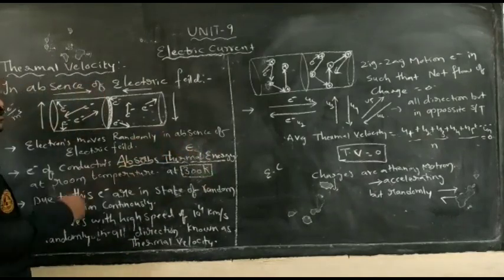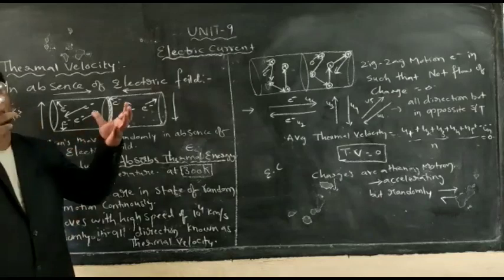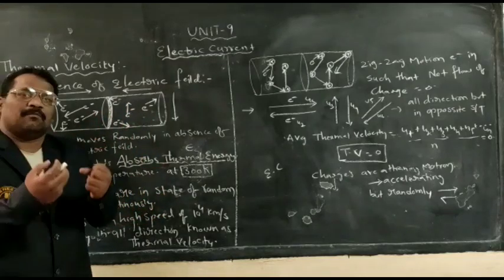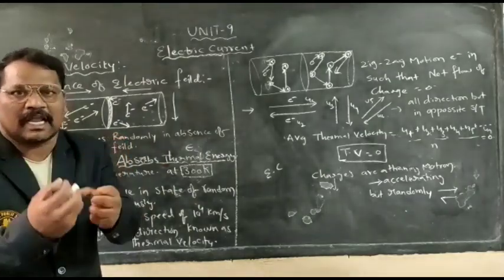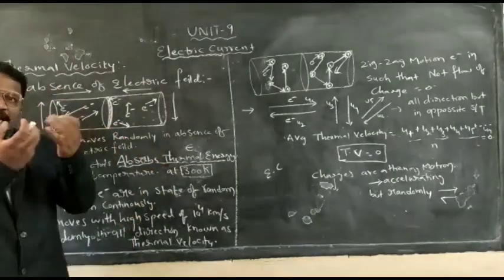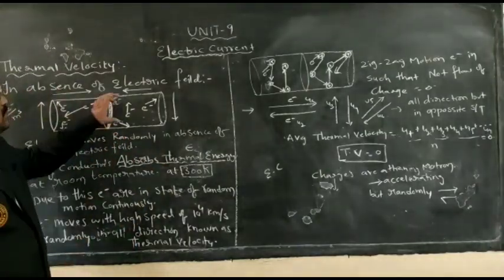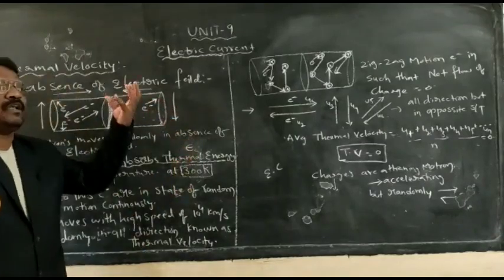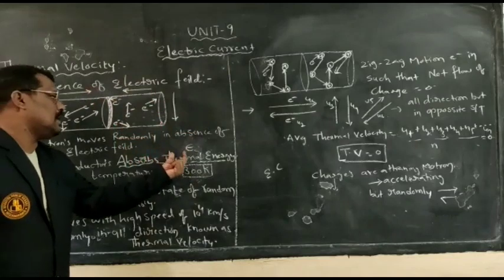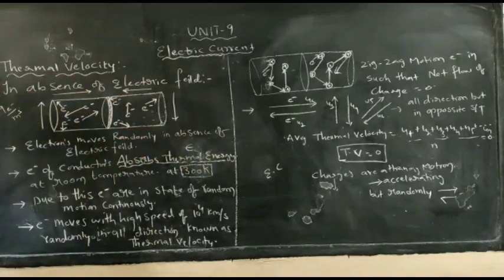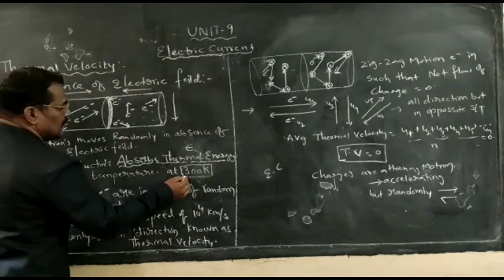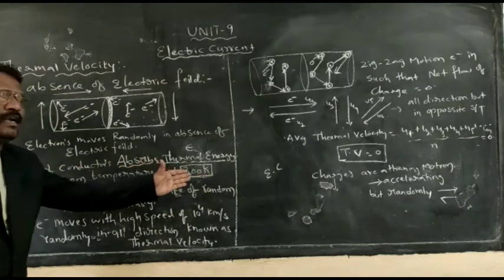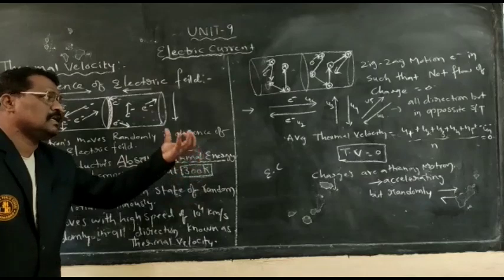In the previous class we discussed that. From nature itself, every material will gain a temperature of 300 Kelvin. From nature itself, this conducting wire is absorbing energy. Absorbing energy from nature is called what? Thermal energy. At room temperature of 300 Kelvin, it is absorbing thermal energy.